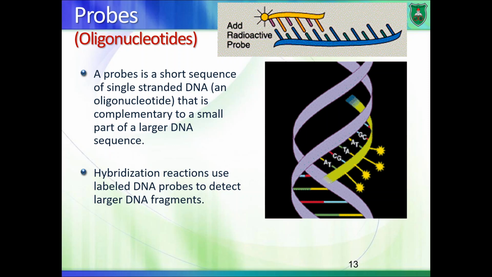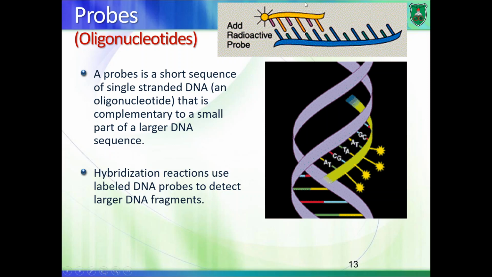The word probe is common. It's a regular English word that means, to probe for something means to search for something. So probes are short DNA molecules that allow us to search if there are complementary sequences within a large DNA molecule to that probe.